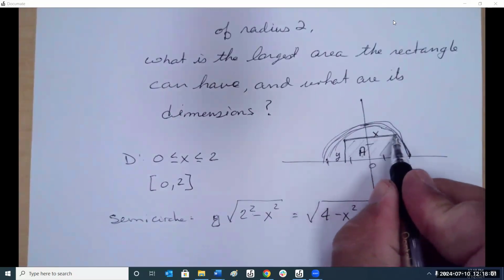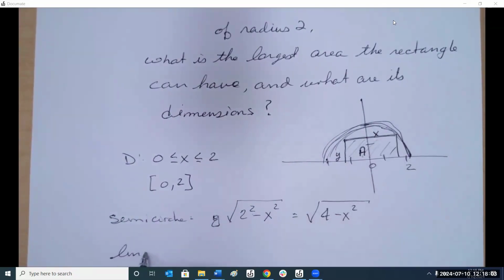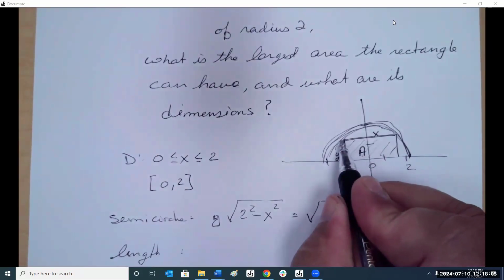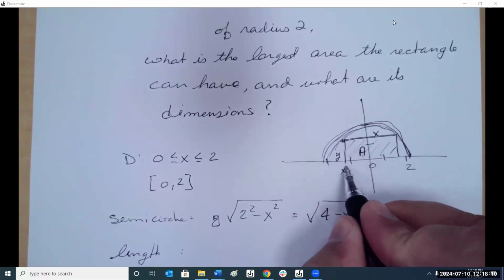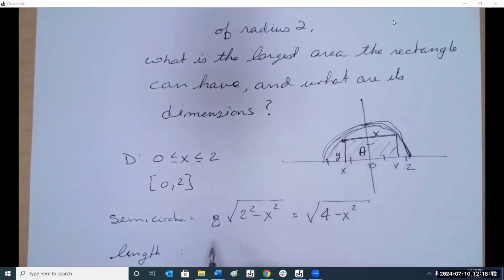The length of this box is going to be, the maximum has to be from this point X to 0 and 0 to X. So it's 2x.